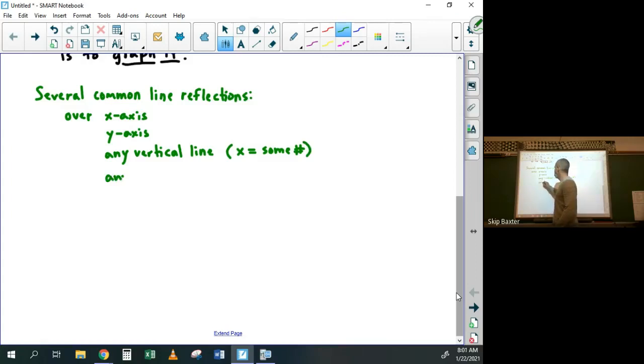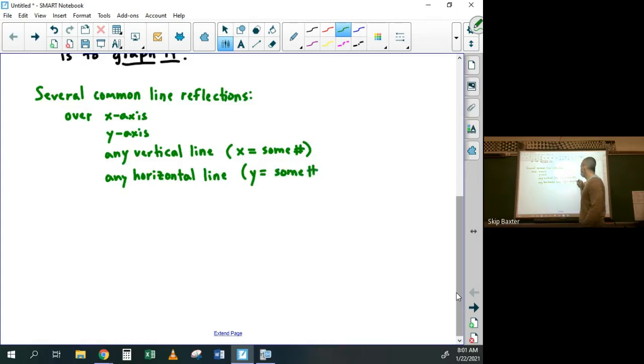Over any horizontal line. Those are equations that look like y equals some number.